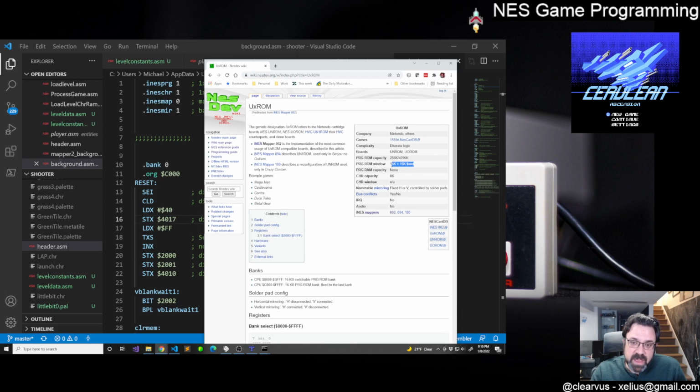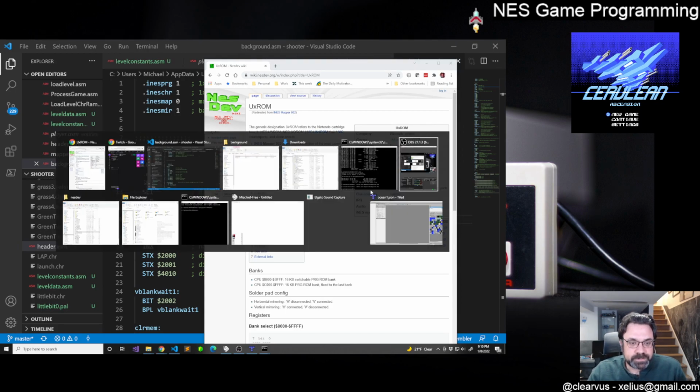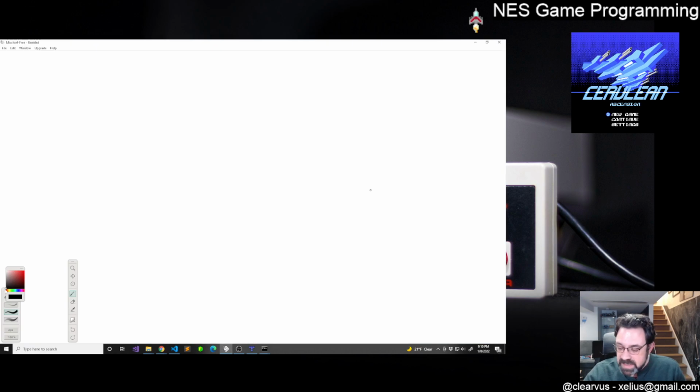But the caveat with that is that it has a ROM window. So what does that mean? What that means is that when you're working with Mapper 0, right, here's your memory address space.